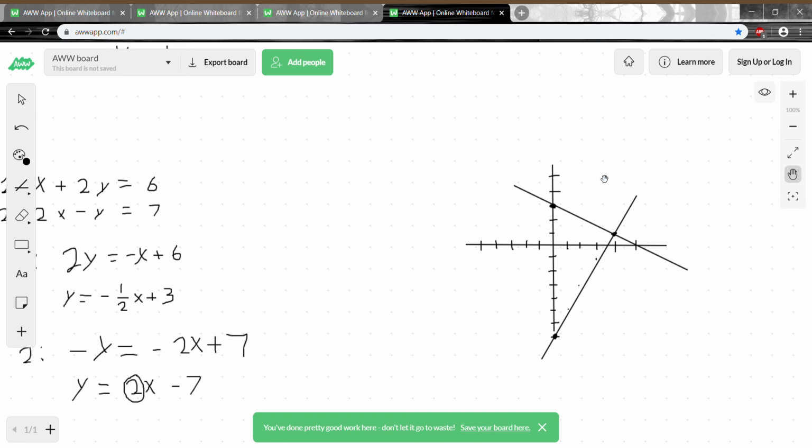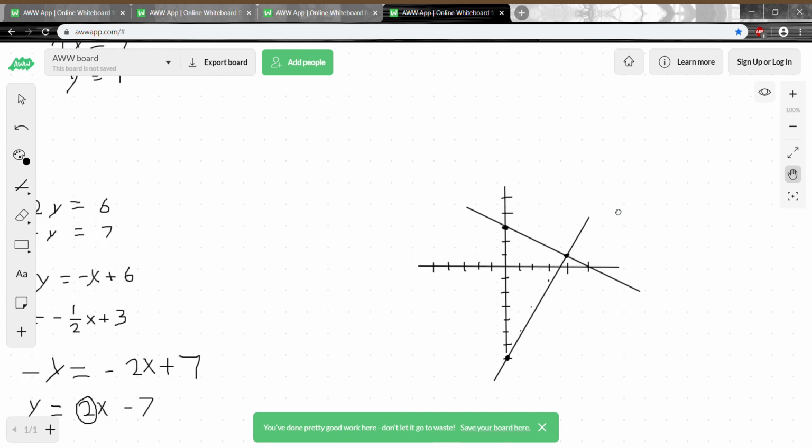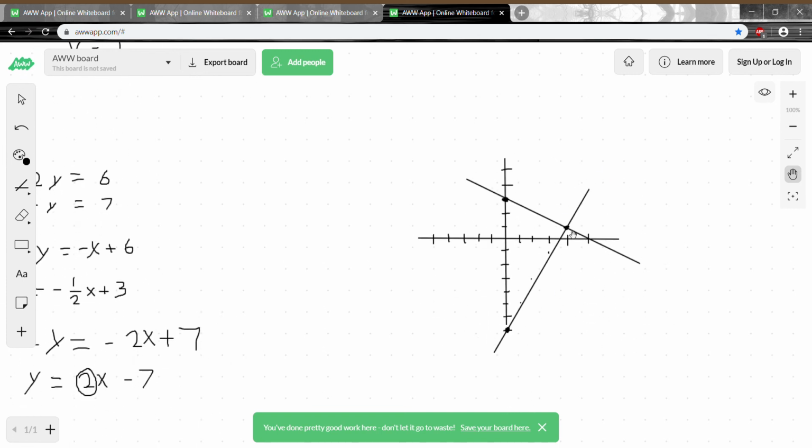But we just graphically proved that these two lines intersect at this point of x is 4, y is 1. All right. We're going to prove that one more time, and this time we're going to do it by substituting.